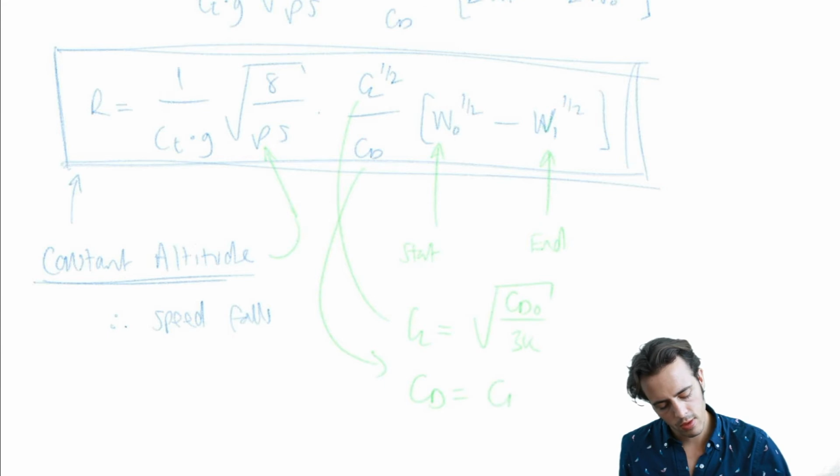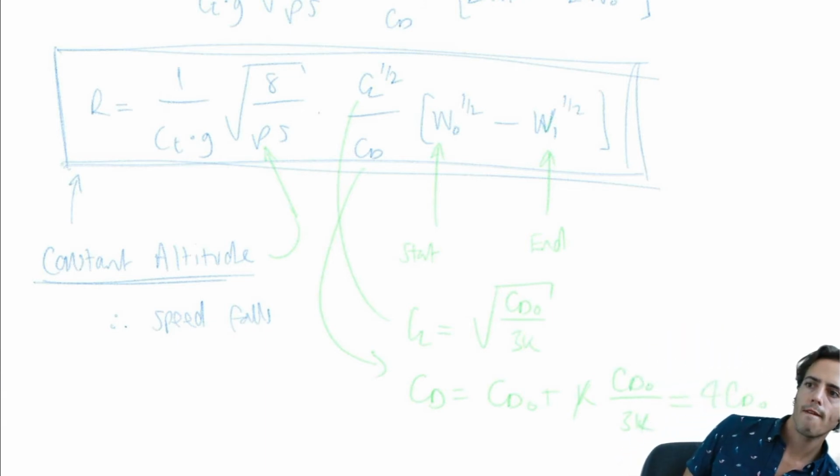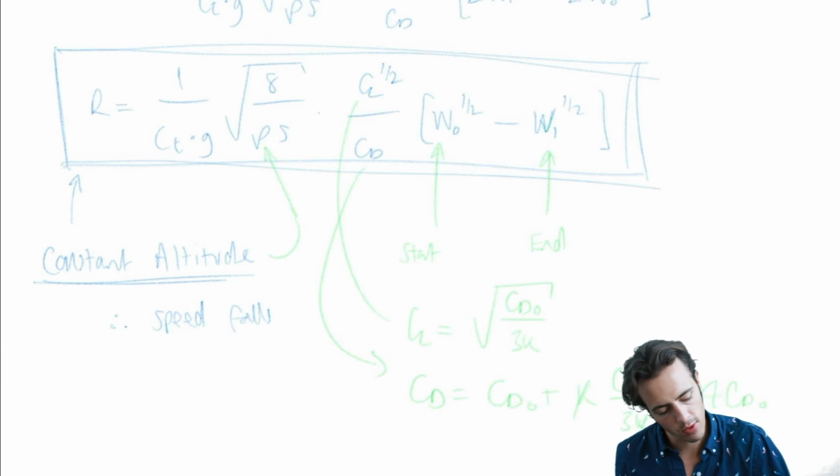CD is equal to CD0 plus K CL squared. So we're going to take this, substitute it in there, get rid of the square root, we get CD0 on 3K. So we get, hidden behind my head, we get 4 CD0. Okay, there we go. 4 CD0 is the drag for those.